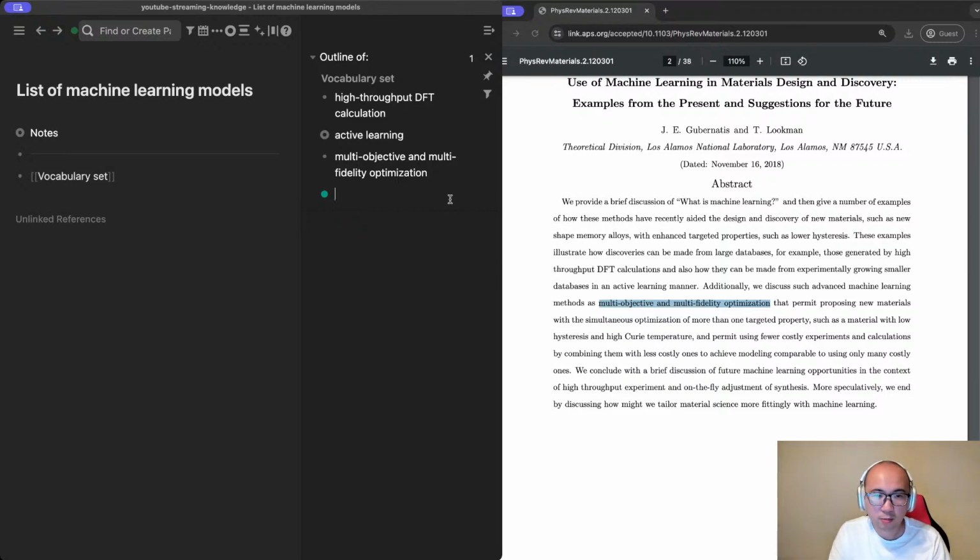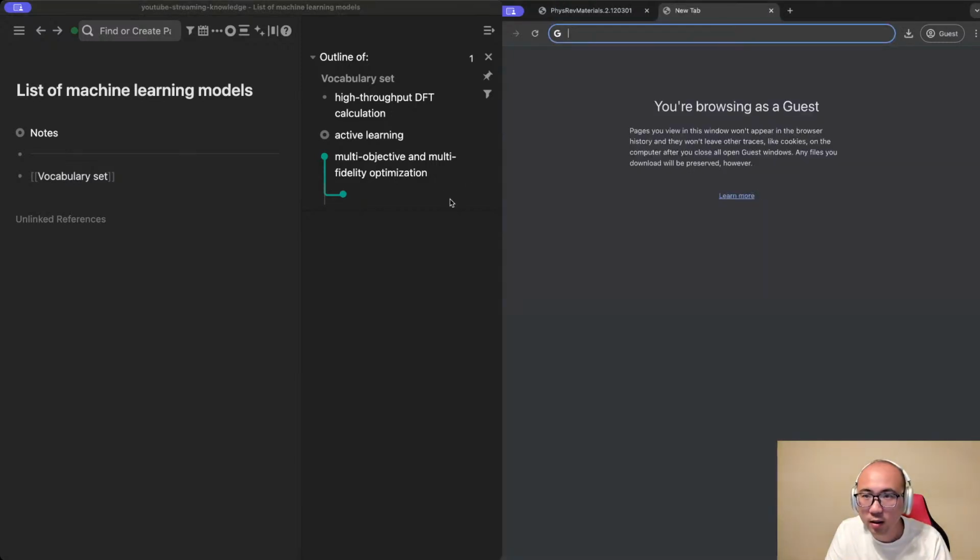Multi-objective is quite easy. It basically means that I'm not going to optimize one thing, I'm going to optimize a lot of things. That's multi-objective.